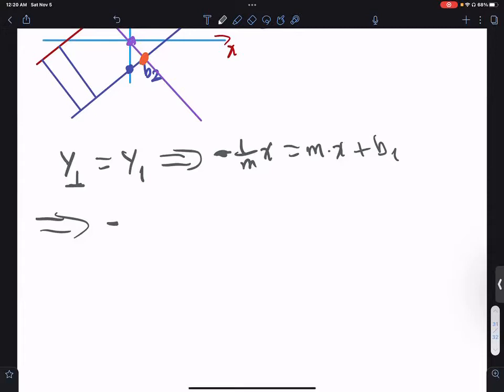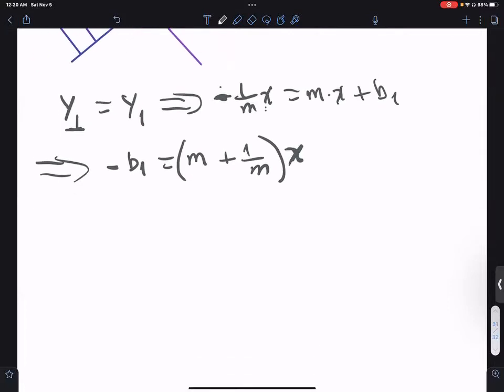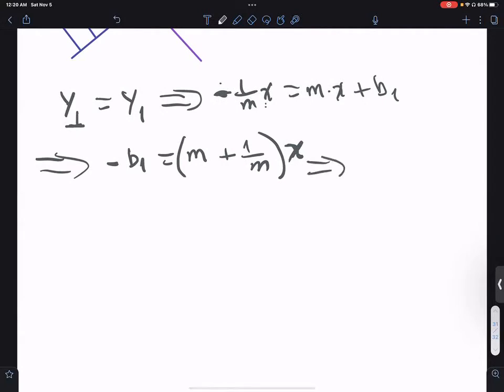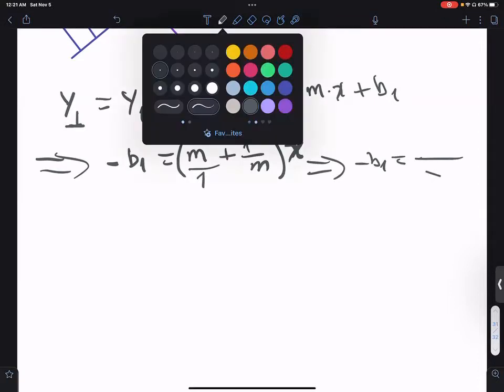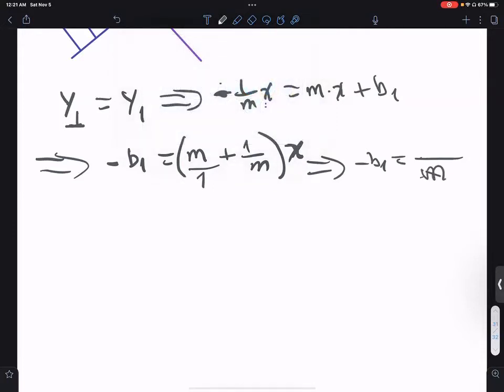It's going to be negative b1 equals m times x plus 1 over m times x, and because x is a factor of both, negative b1 equals x times the fraction, which has m as the least common denominator, so m squared plus 1 over m, everything multiplying x.